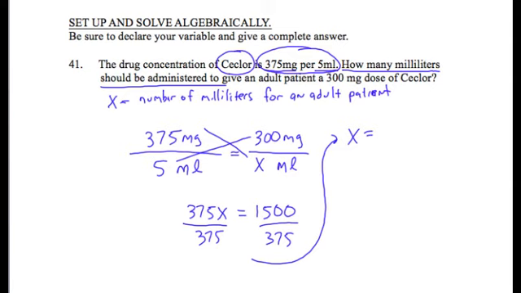When we do that division, we get 4 milliliters. Now we answer the question: how many milliliters should we give this adult patient? We should give 4 milliliters of this drug, C-chlor.